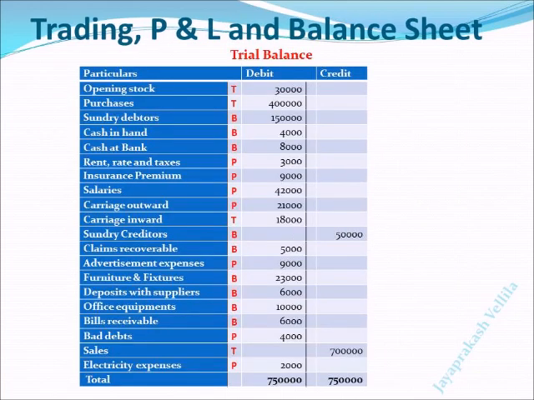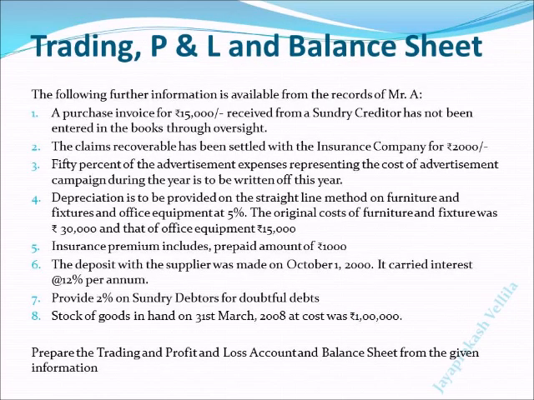Next, it is given that claims recoverable is 5,000, but as per the second adjustment, the claims recoverable has been settled with the insurance company for ₹2,000.